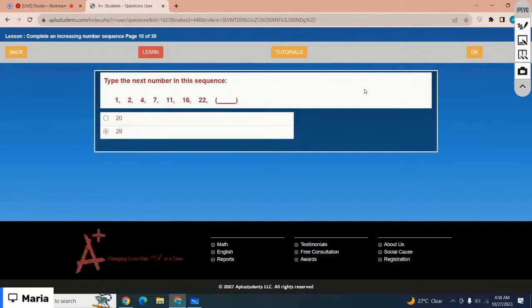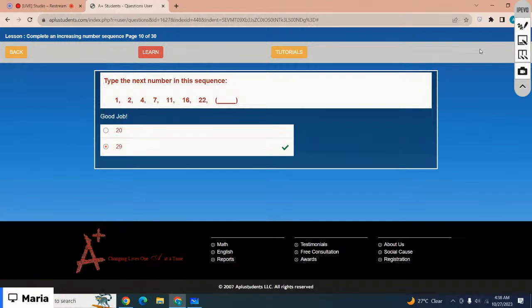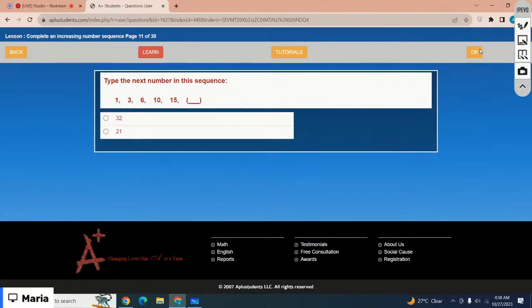Very good. The correct option is 29. Okay, type the next number in the sequence. So which is the next one in the sequence? It is 21.